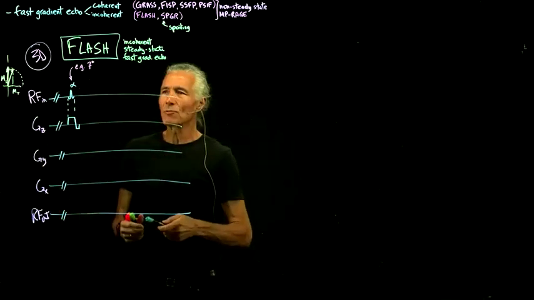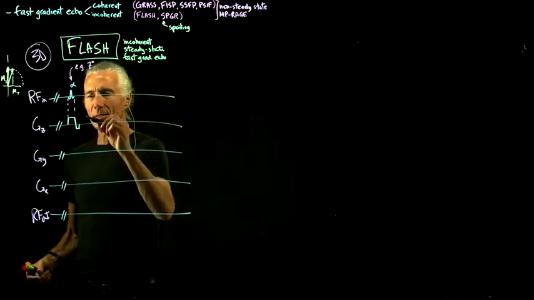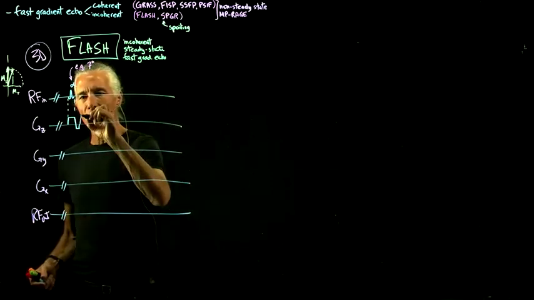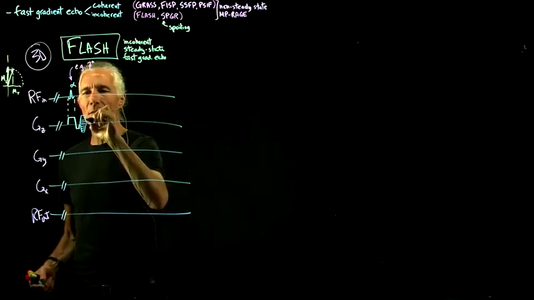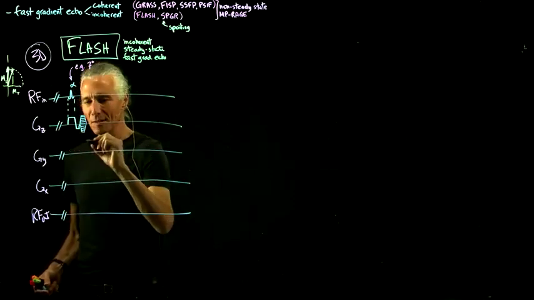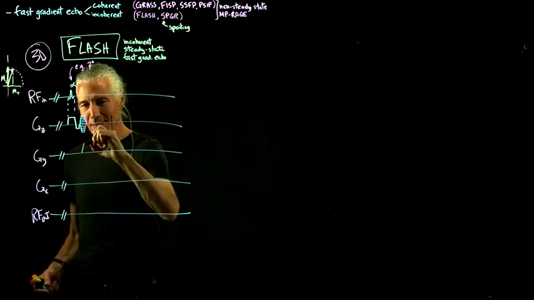And then we've already drawn the sequence a couple times. So if it's a 3D sequence, we would do a whole bunch of different phasing codes on the partition direction, and then a whole bunch of phasing codes on the phase.